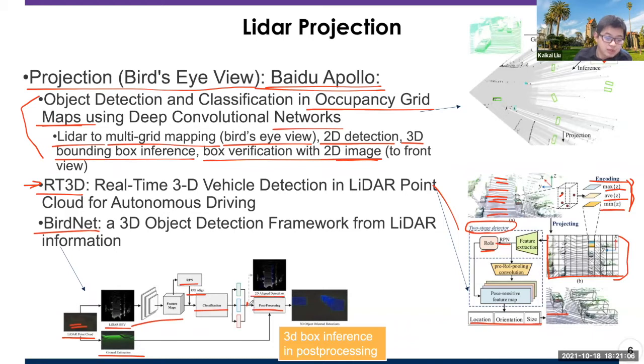Then combined with the ground estimation and the height information, you can infer this 3D bounding box. So the 3D bounding box is also inferred in the post-processing, similar to the previous approaches. But they separated the ground estimation to try to improve this post-estimation. This is called BirdNet. This is another solution in the bird's eye view based projection.